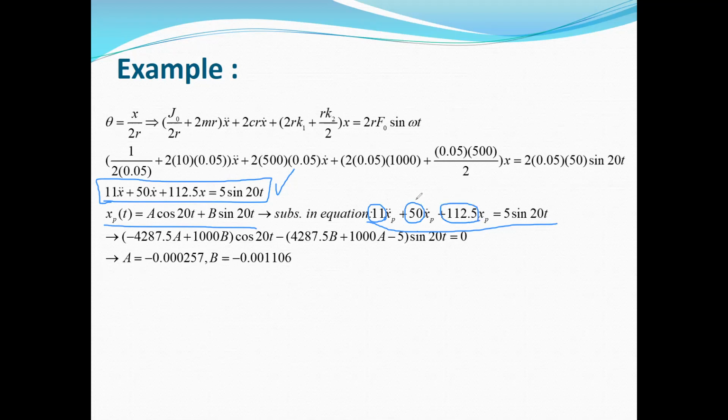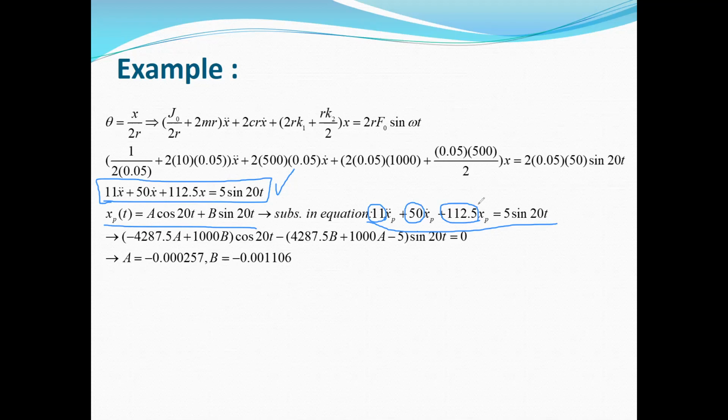So the next step, we can substitute xp dot and xp double dot. As you know, xp dot is minus 20a sine 20t plus 20b cosine 20t. And finally, xp double dot is minus a 20 squared times cosine 20t plus minus b 20 squared times sine 20t.